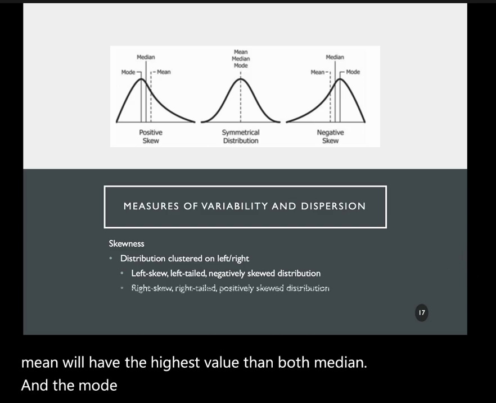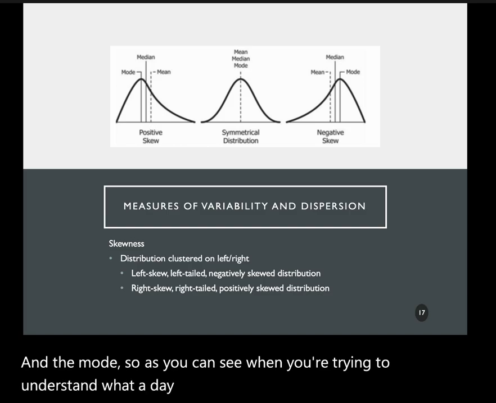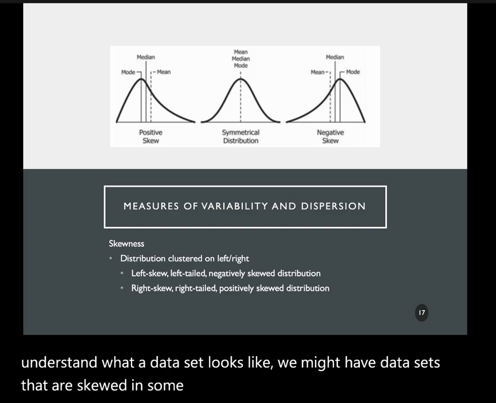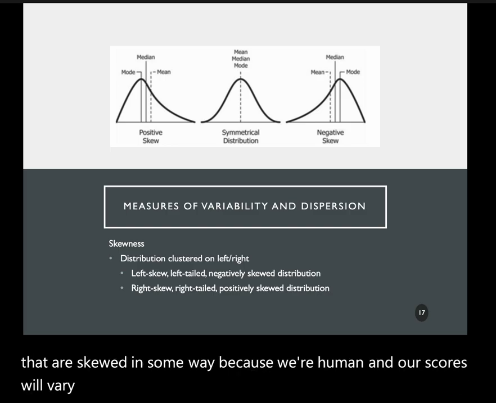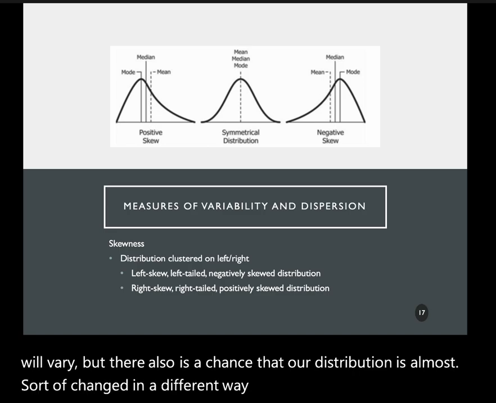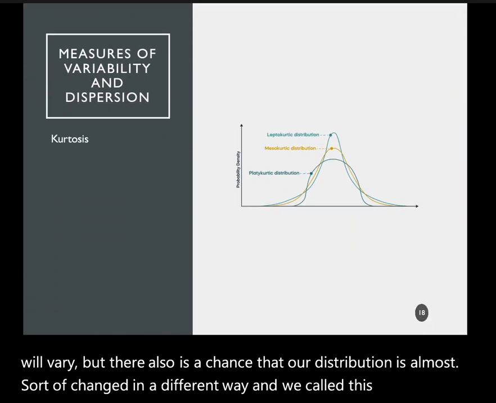So as you can see, when you're trying to understand what a data set looks like, we might have data sets that are skewed in some way because we're human and our scores will vary. But there also is a chance that our distribution is changed in a different way, and we call this kurtosis.